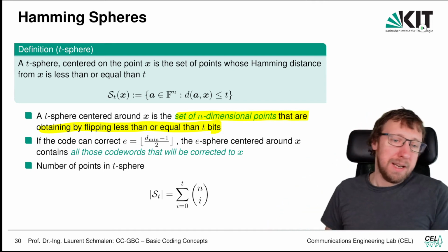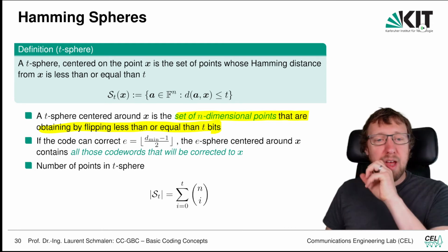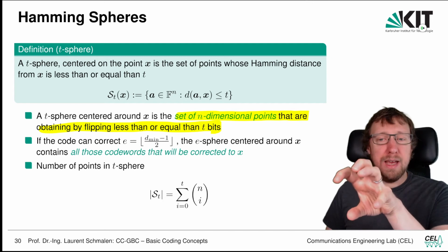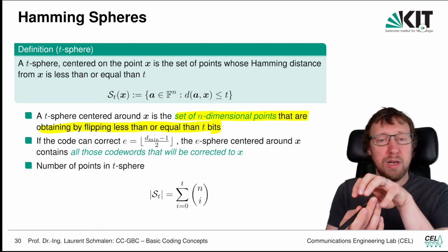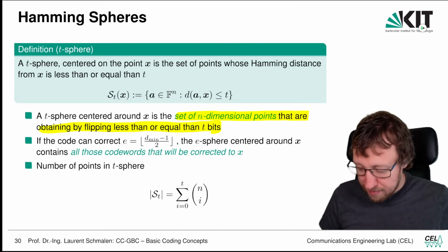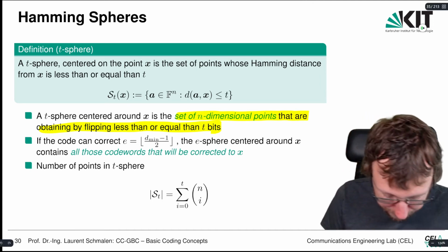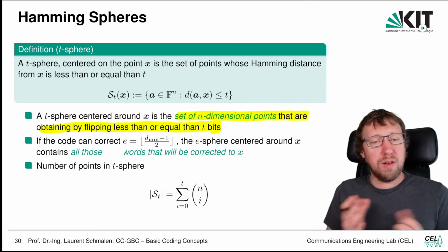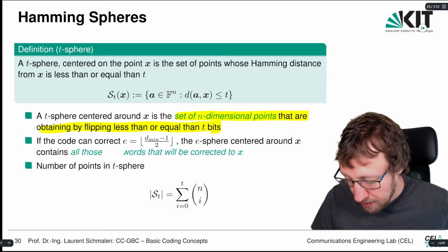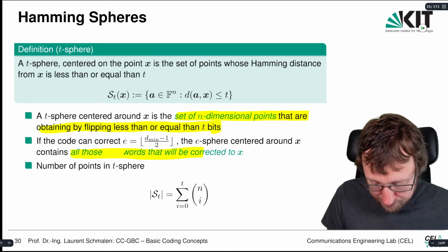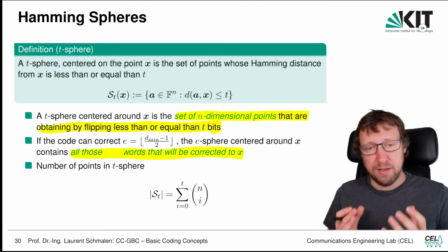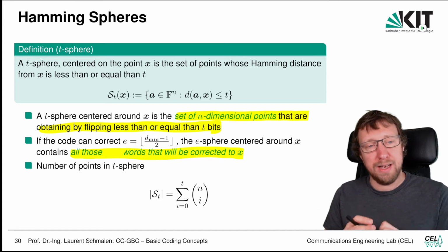So if a code can correct e errors, then we put a sphere of radius e around each code word, and this will contain all the words that will get corrected to X. So not code words, but all the words that will be corrected to X.